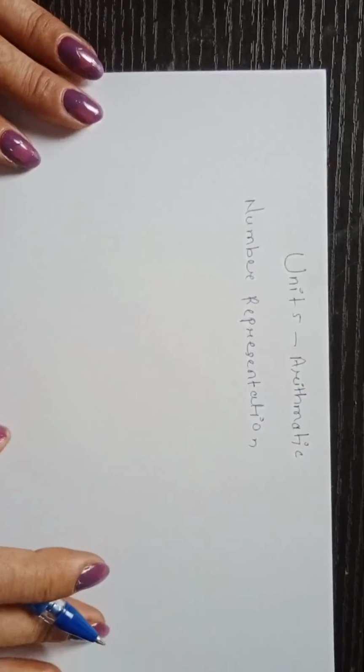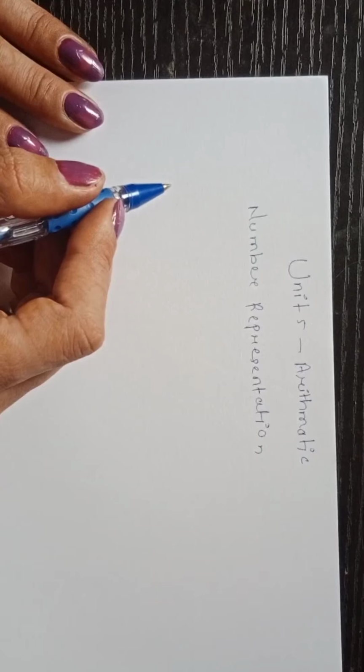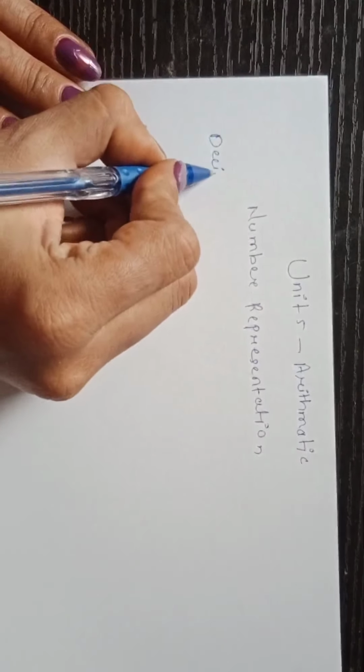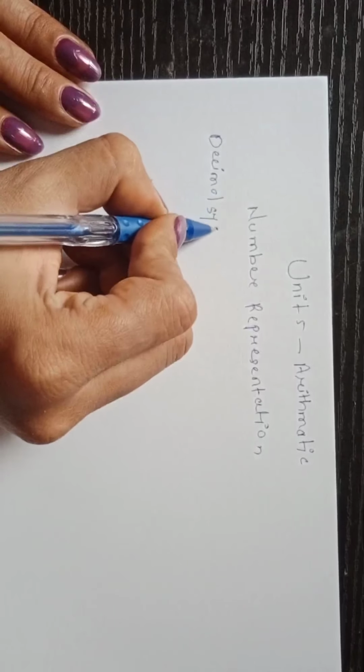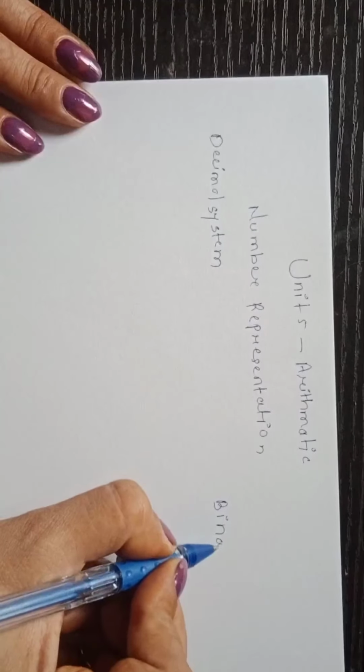Now in number representation, first we will see the basics, that is, what is the binary representation of a particular decimal number. Here is the decimal system and here is the binary system.